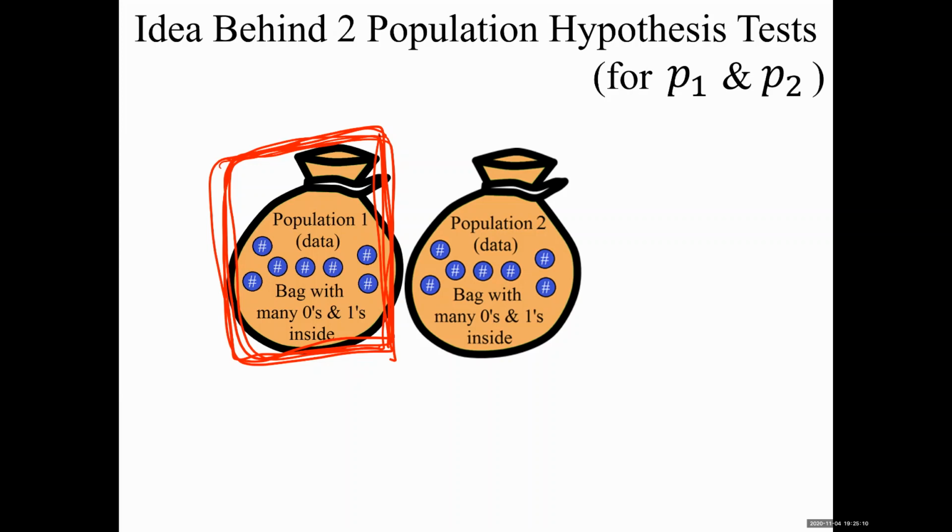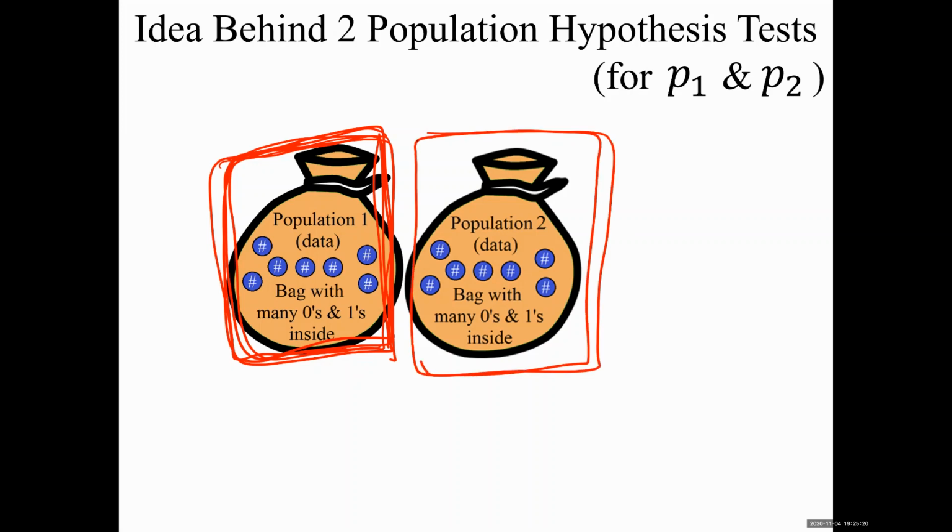If you asked every single one of them, are you married? Or just in general, a yes or no question, all their answers get put in this bag. So these are two imaginary bags of answers if you ask everybody in those big groups a yes or no question.